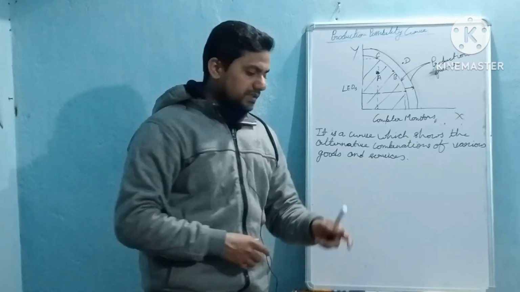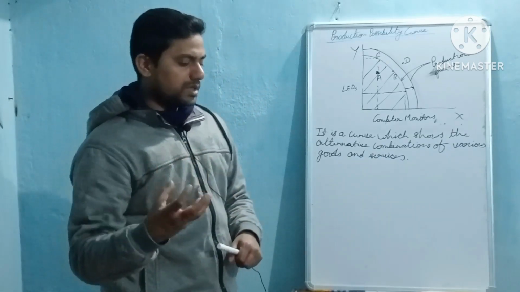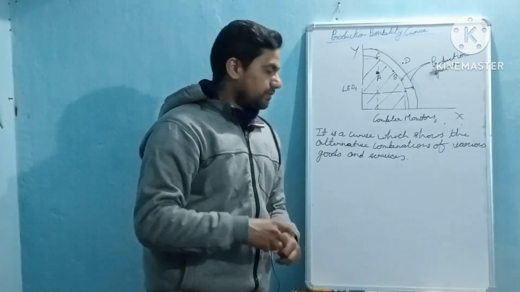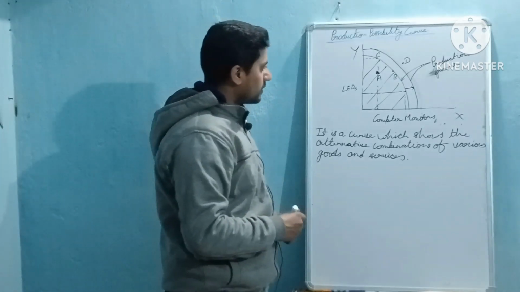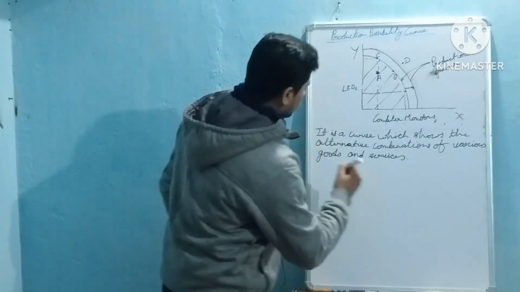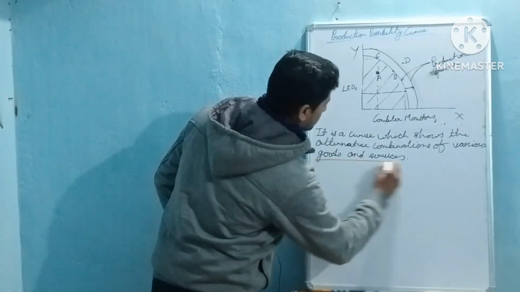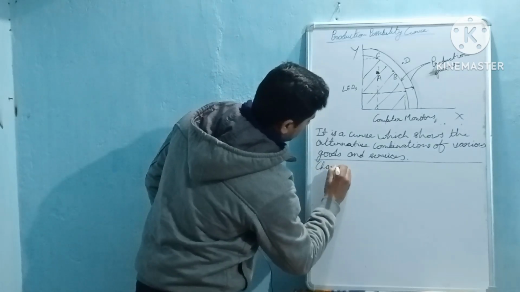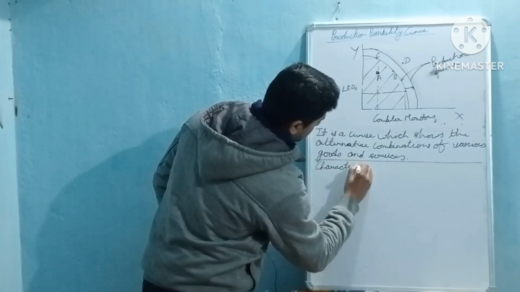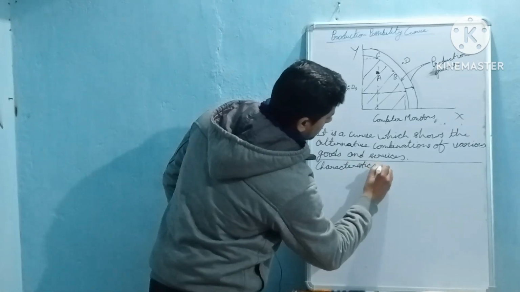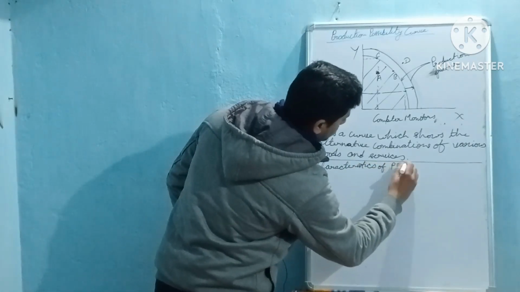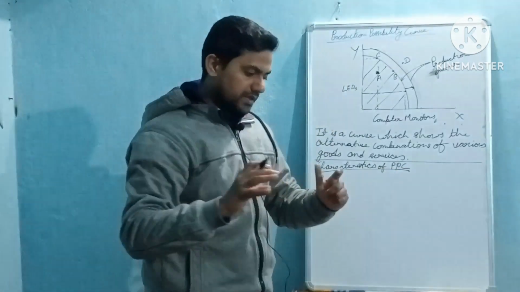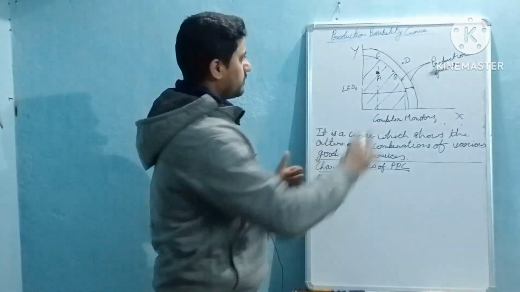Next, what are the different characteristics of the production possibility curve? I think I should write them down here. Characteristics of production possibility curve. The first one given is downward sloping from left to right.